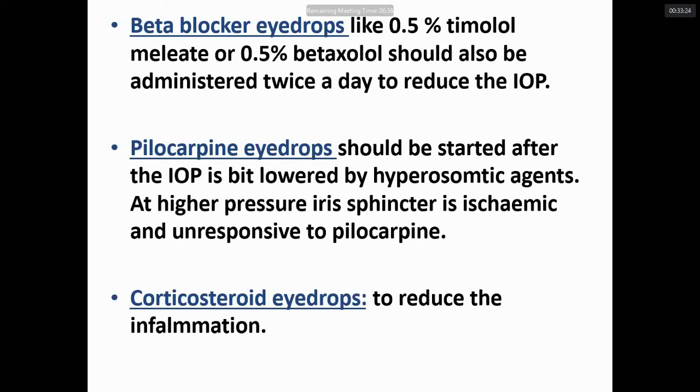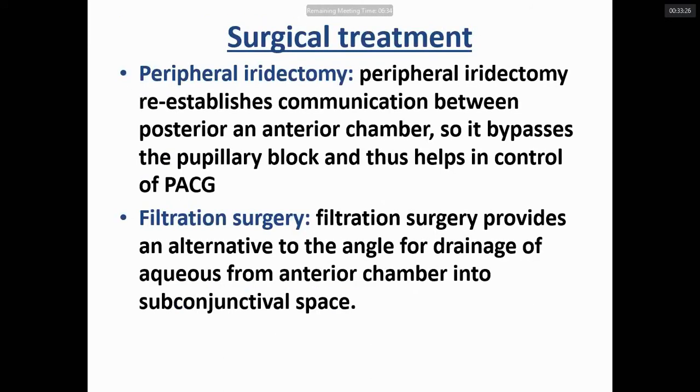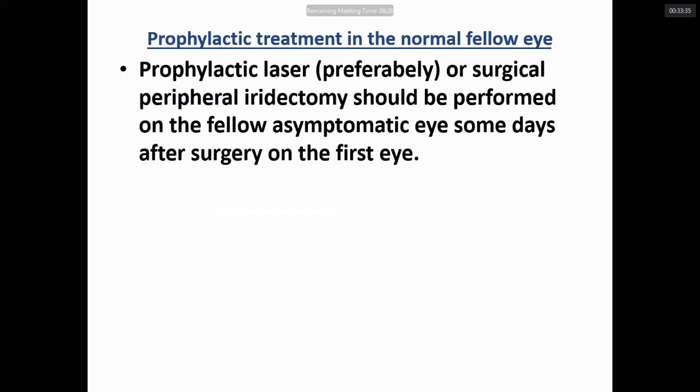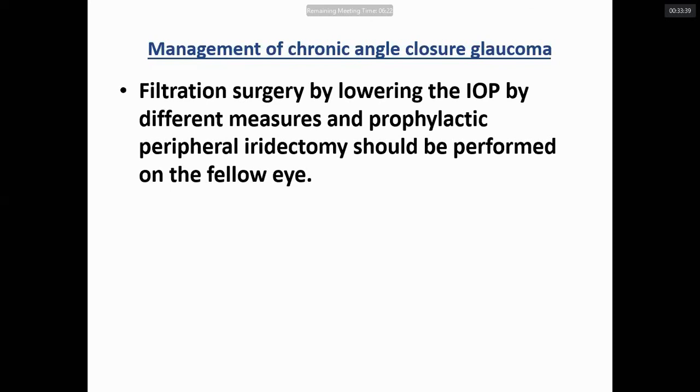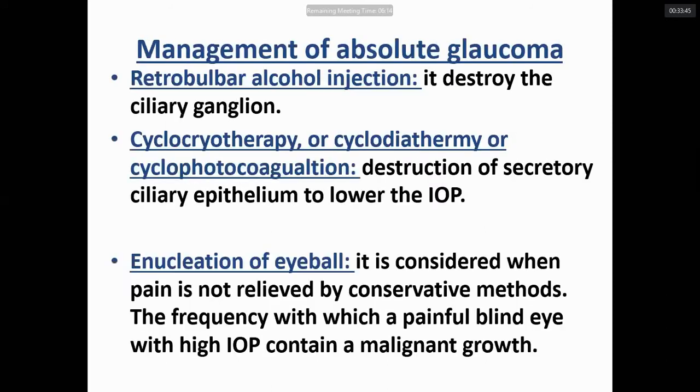Then we go for corticosteroid to reduce the inflammation. Next, surgical treatment: peripheral iridectomy and laser iridotomy, followed by filtering surgery. Prophylactic treatment in the fellow eye is very important. Management of chronic angle closure is also filtering surgery to lower the intraocular pressure.